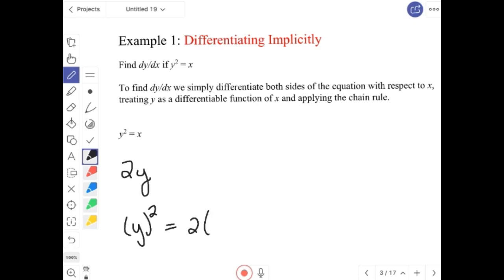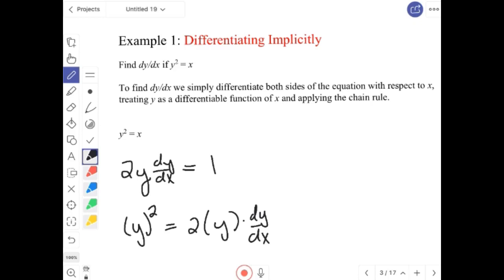So that's the 2, and then that inside part is my y, so that's going to be times dy/dx. So we're going to have 2y dy/dx is equal to the derivative of x, which is 1.